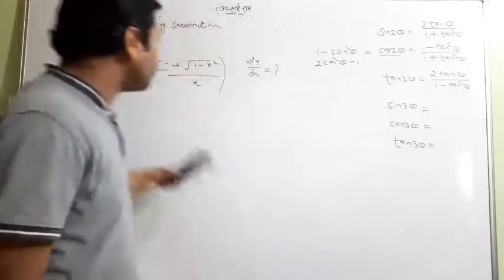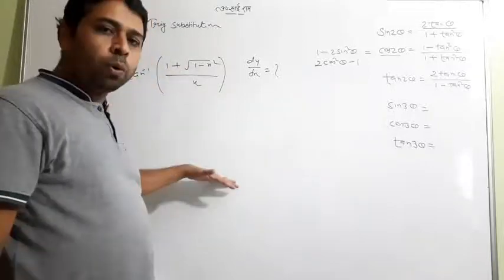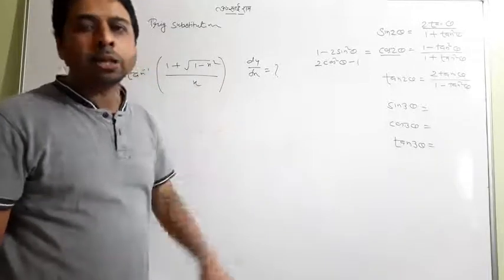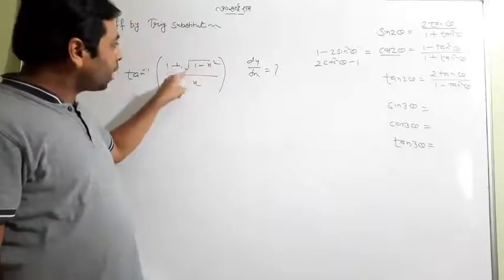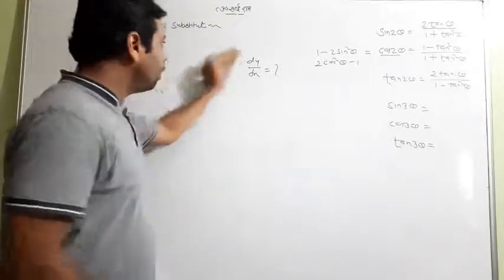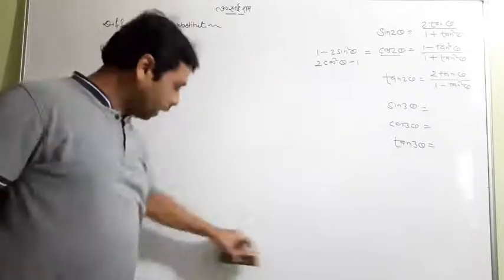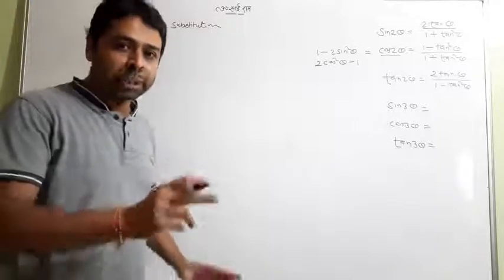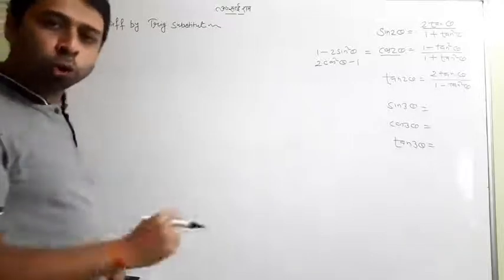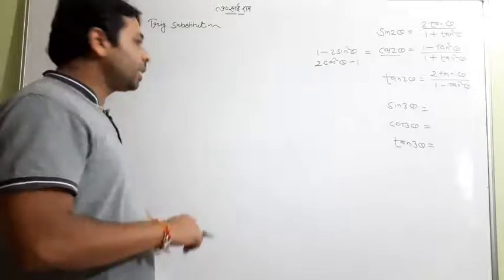Let me explain that. The main difference is that all the substitutions I am going to tell you now will contain the under root sign, meaning the question contains the under root sign. There are lots of types, and I am going to write them one by one, but this substitution concept will apply only when the under root sign comes. Remember, all those questions containing the root sign will follow this kind of substitution.